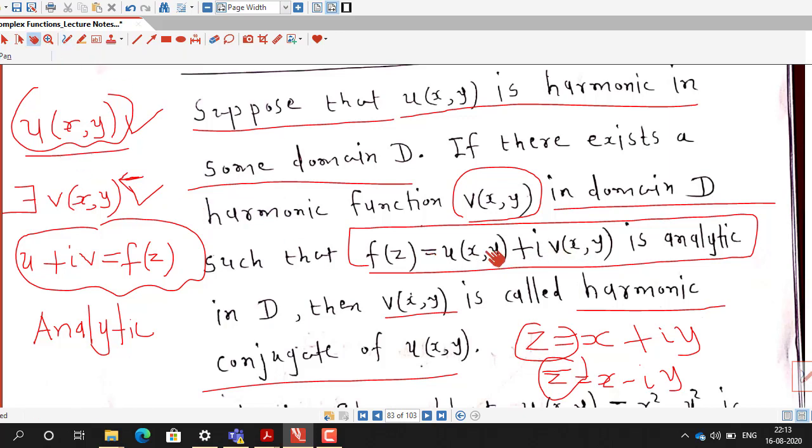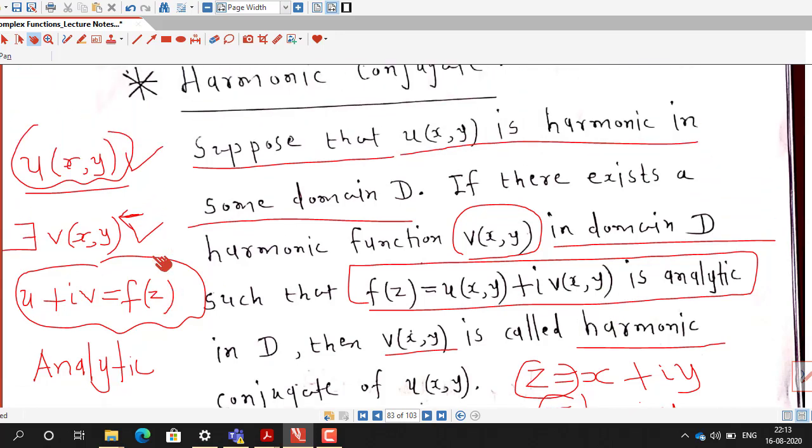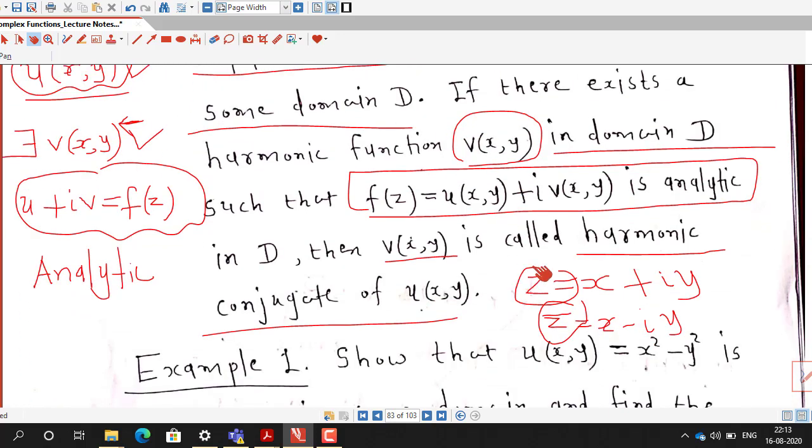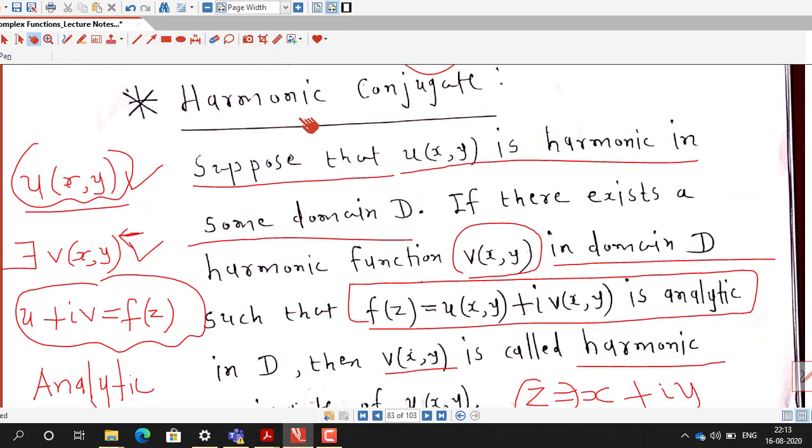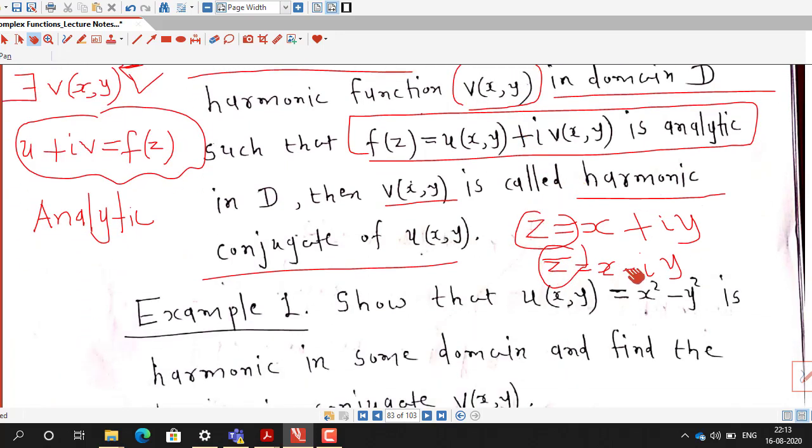If v is the harmonic conjugate of u, it is not necessary that u is also the harmonic conjugate of v. So keep in mind that thing. It is very different from the complex conjugate. Here it is the harmonic conjugate of a real function, and this is the conjugate of a complex number. So both things are different.